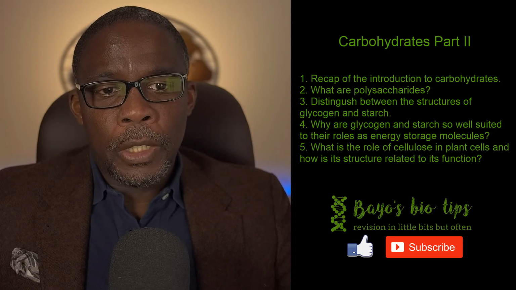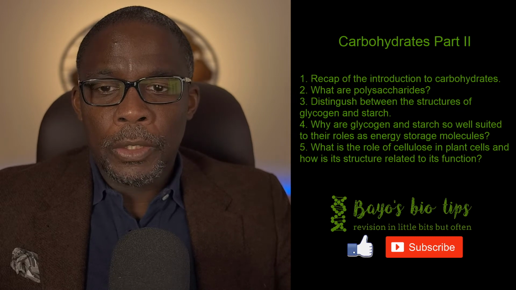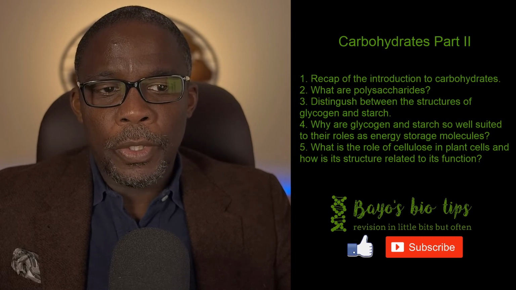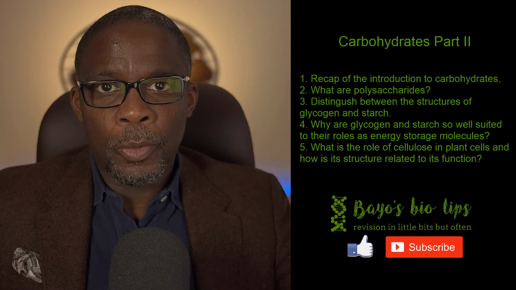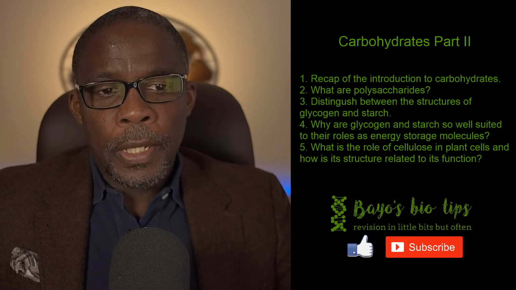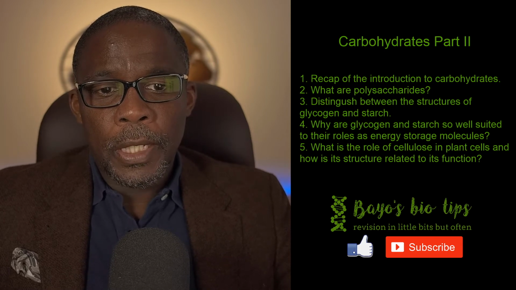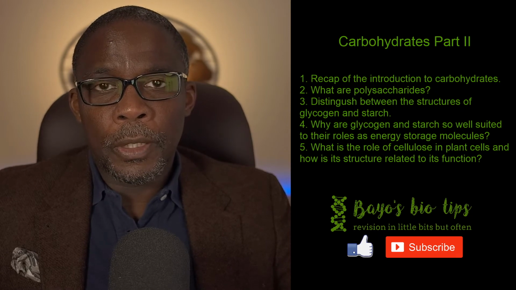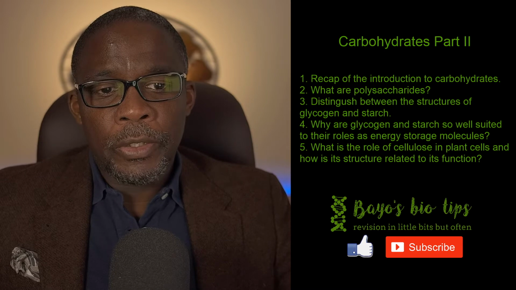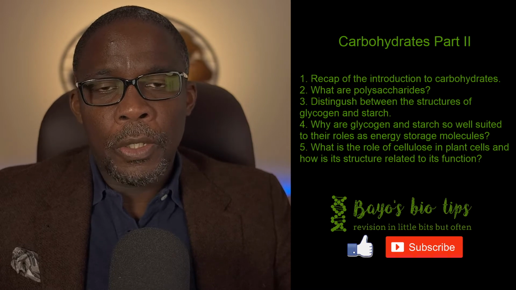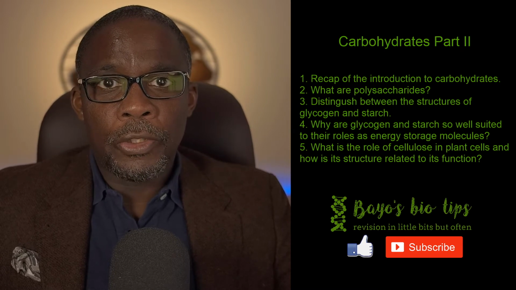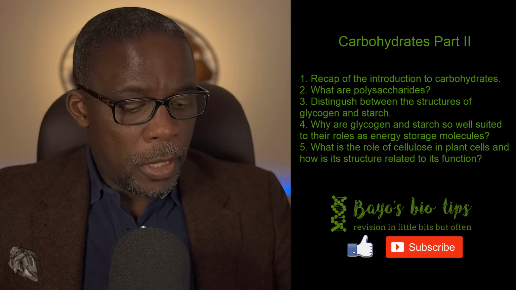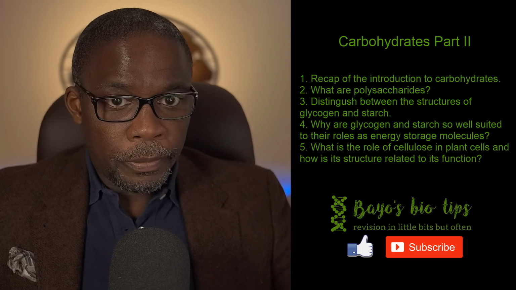We will then go on to how glycogen and starch are adapted to their function as energy storage molecules. And then we'll conclude by looking at cellulose, how it differs from the other two we've just talked about, glycogen and starch, and how its structure is related to its own specific function as a structural carbohydrate. So let's dig in.